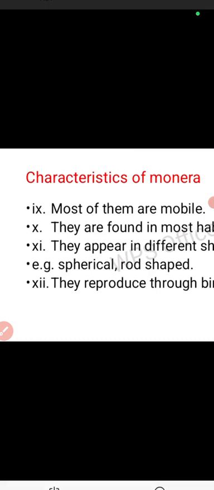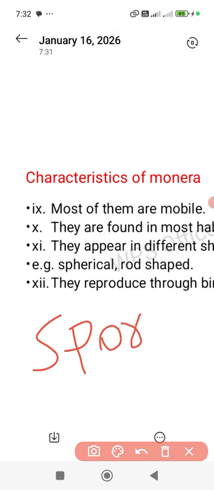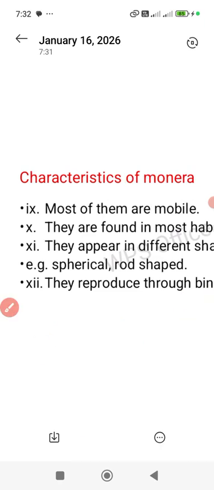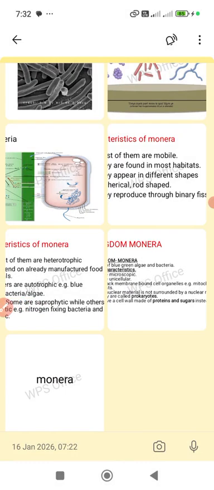Let me write the spelling of sporulation, with ION at the end. Sporulation is production of spores by the bread mold. But for the bacteria, the type of reproduction is known as binary fission.